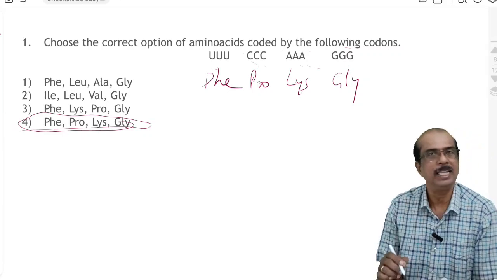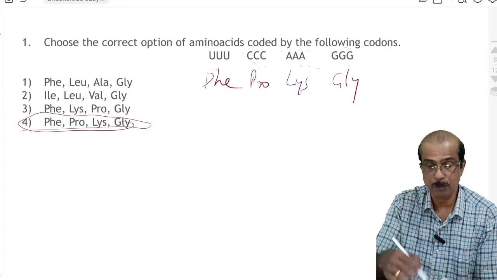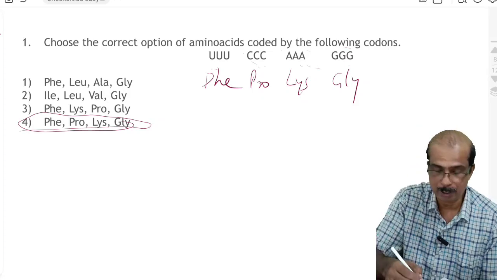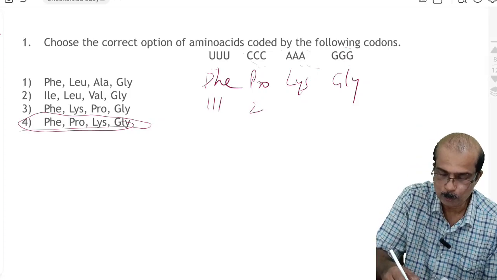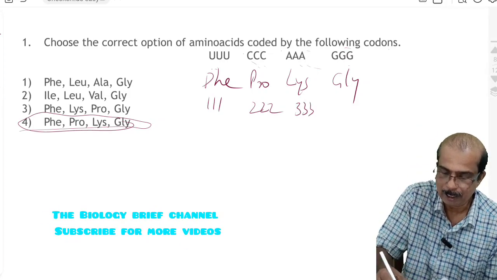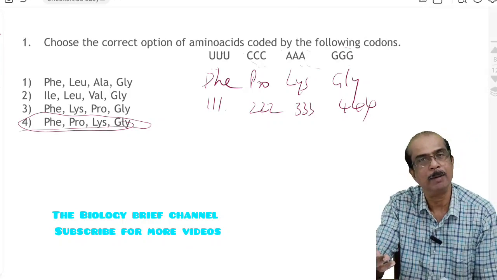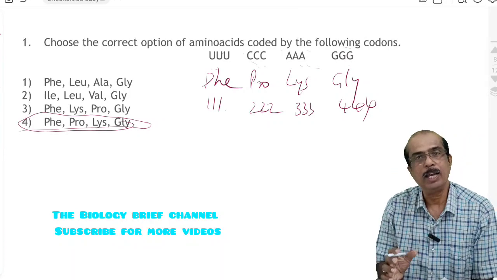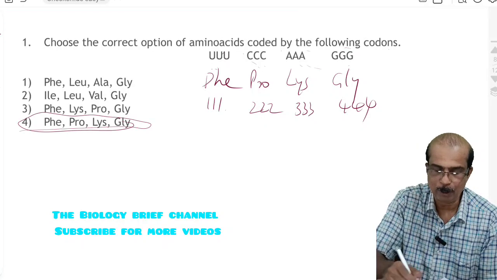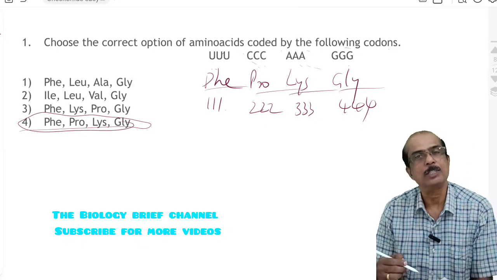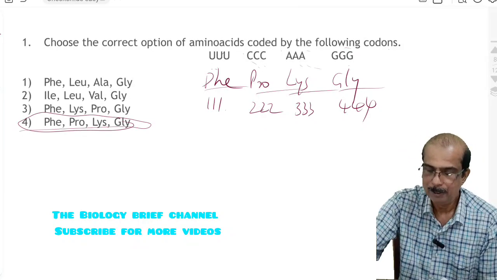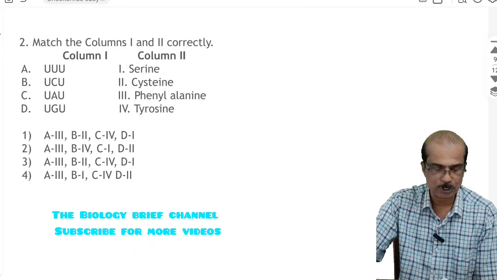The fourth option will be the answer. You can also convert them into their respective numbers: 111, 222, 333, 444. By visualizing the columns, you can easily reach their respective amino acids. Very simple. Moving to the second question.